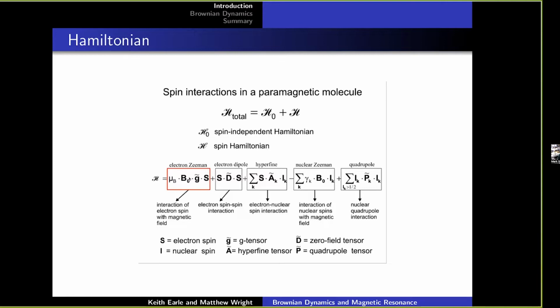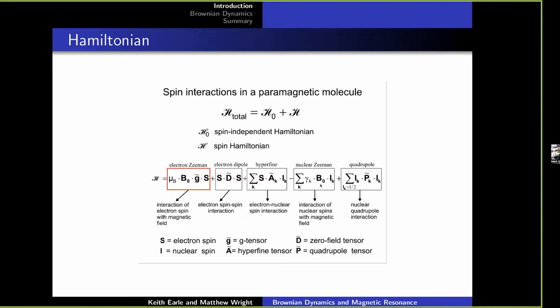Remember that up here we said that in a molecule, depending upon what direction you look within the molecule, this value of G can change. And in the classes of experiments that I've been discussing with Mark, we really want to focus on these two interactions, hyperfine and electron Zeeman.